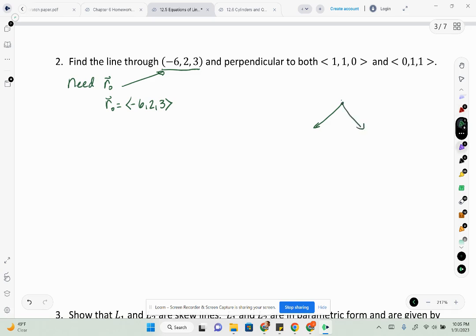Now, I'm actually going to draw those from a different frame of reference. Something like that. Our line is perpendicular to both of these. That's kind of the best I can do in drawing these. So this is our line.